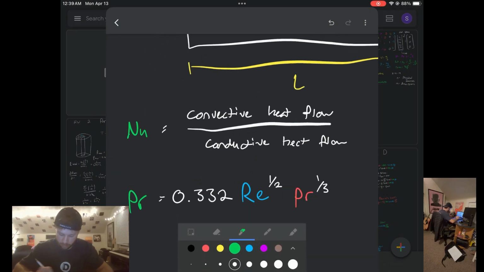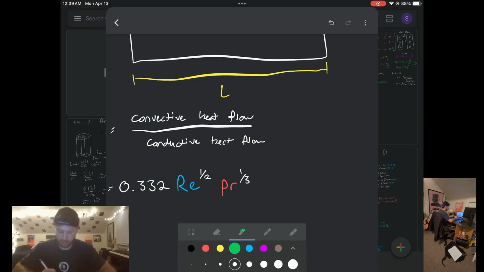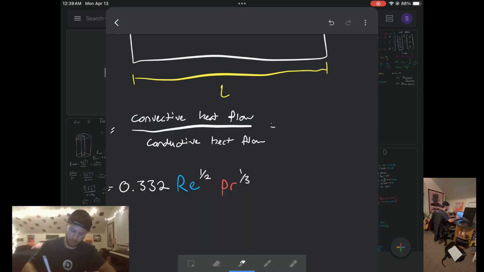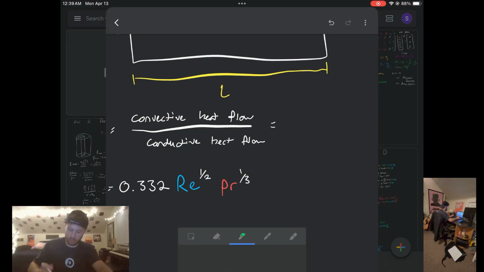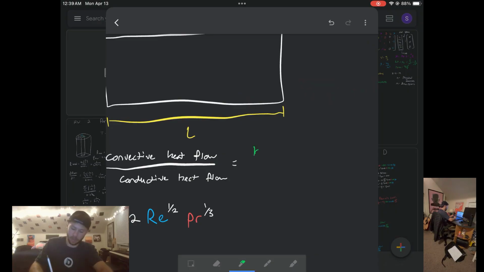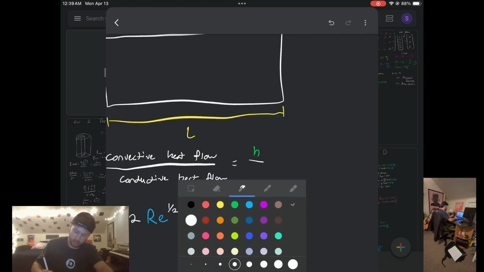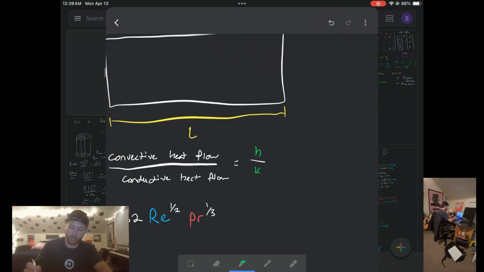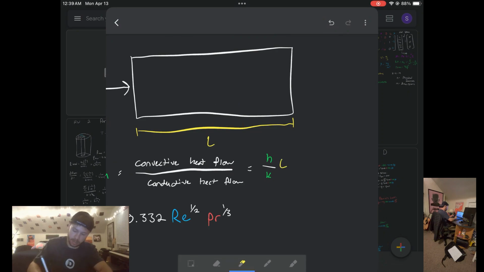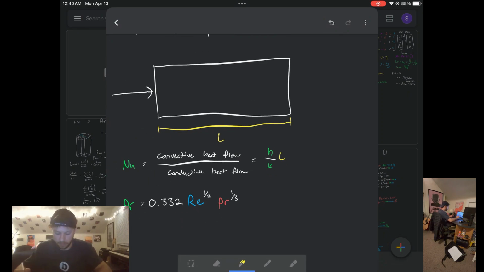Okay, so to put this into measurable variables, our Nusselt number, since it's the ratio of convective heat flow to conductive heat flow, we know our convective heat flow will just be our convective heat coefficient, H, and the ratio will be to our conductive heat flow, K. And we'll just need to multiply by our length, given that we are looking at a plate here.